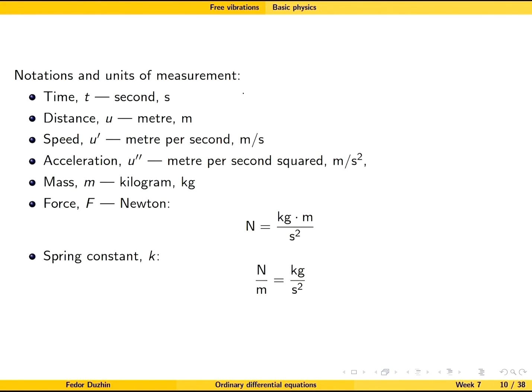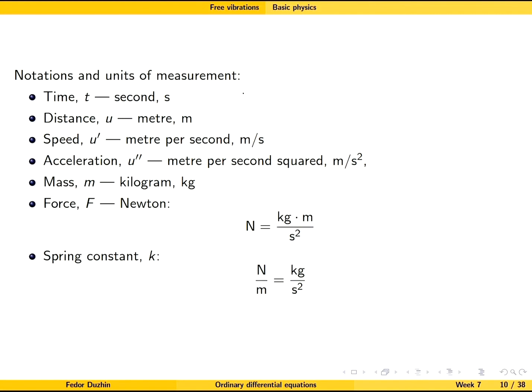Now, some notes on notation. In questions related to real life or to physics, it is important to keep track of notation and of units of measurement. Here time is measured in seconds, for example. Well, it may be measured in minutes.